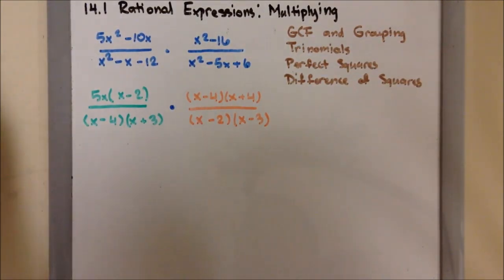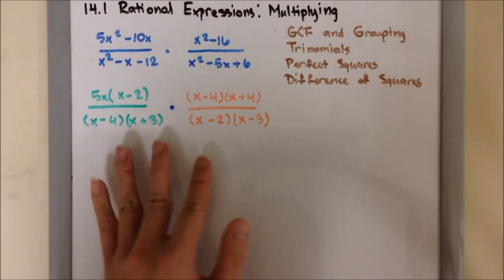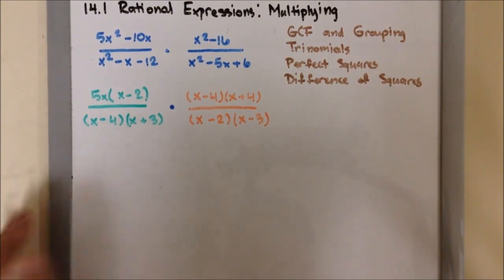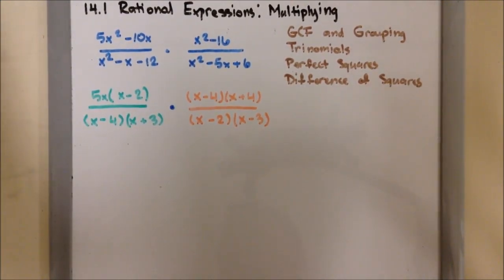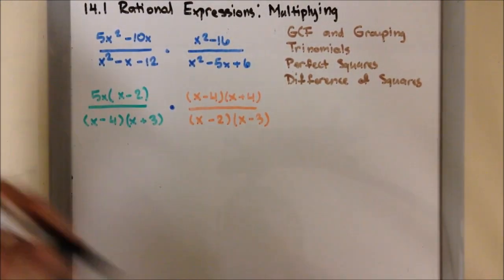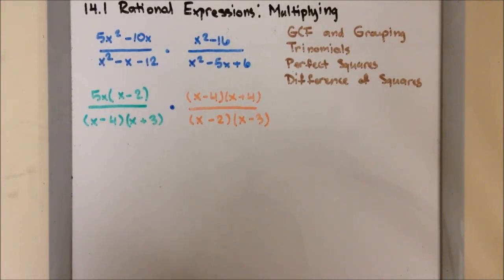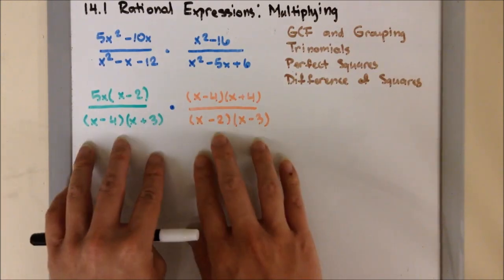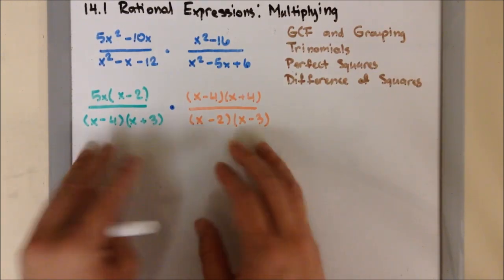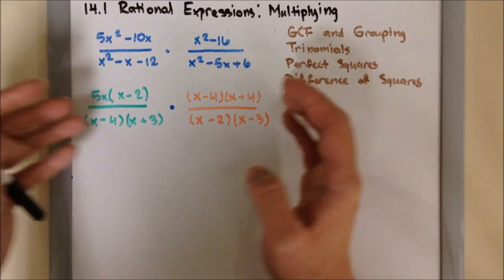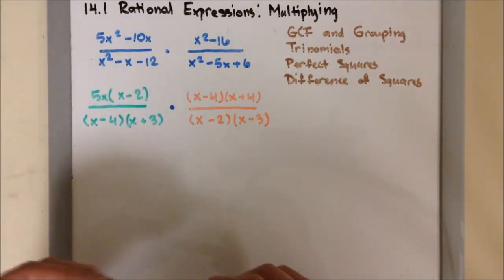Now, once I finish, and again, as long as you remember that you're multiplying between these two fractions, what we're going to do is divide, I repeat, divide common factors, meaning we divide one factor from the numerator and the denominator if there's repeating. Since these two are multiplying, they're basically one big fraction combined.